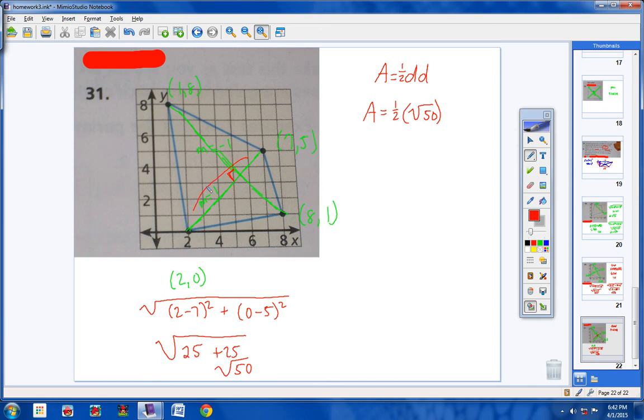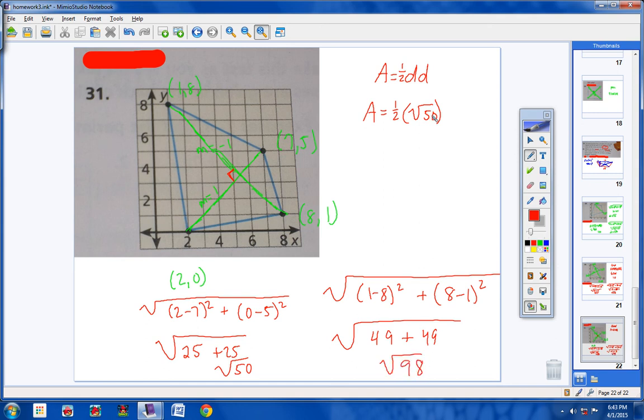Now the other diagonal, this one right here, let's see what its length is. Okay, here we go. x minus x, that's 1 minus 8 quantity squared, plus y minus y, 8 minus 1 quantity squared. So that would be 7 squared, 49. This would be 7 squared, that's 49. That's the square root of 98.